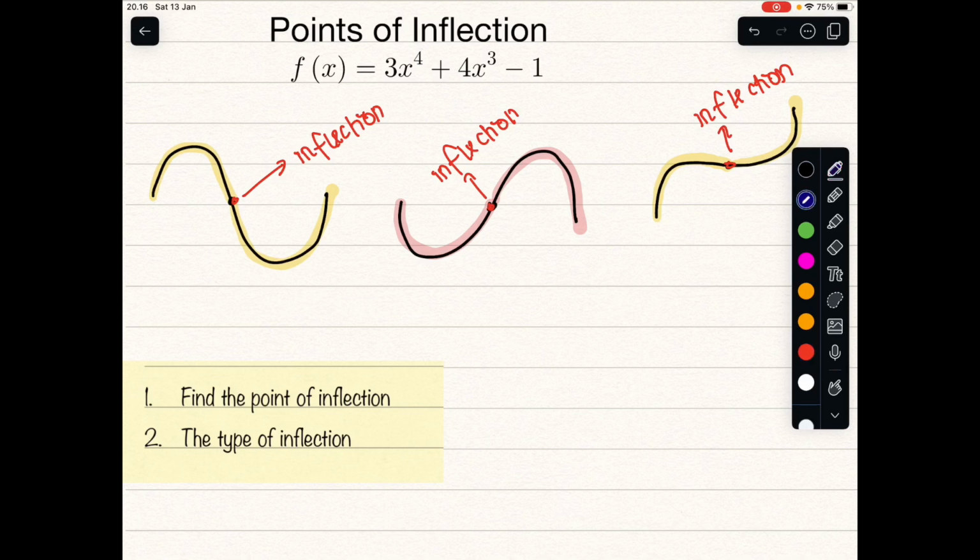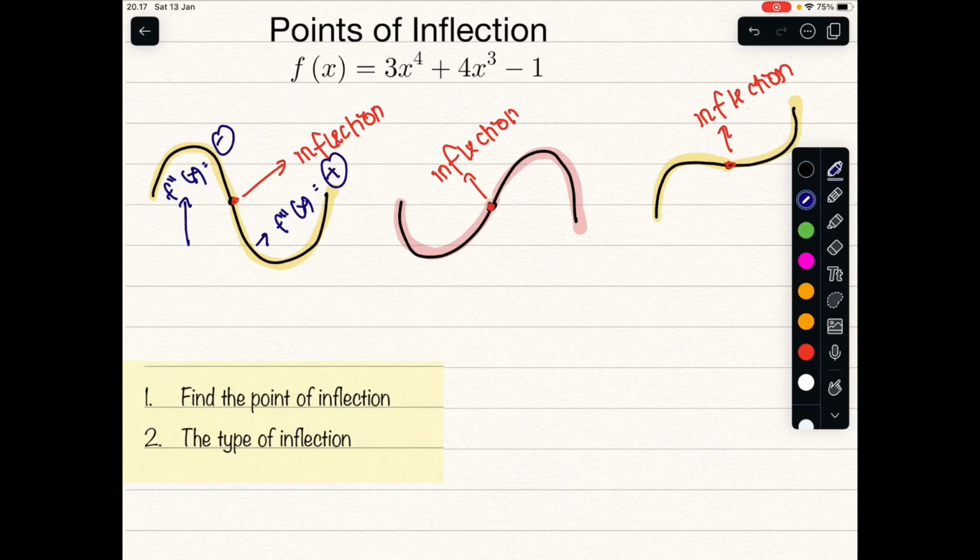A graph will be concave down when the second derivative is negative. So when the second derivative is negative, the graph is concave down. And if the second derivative is positive, it's concave up.